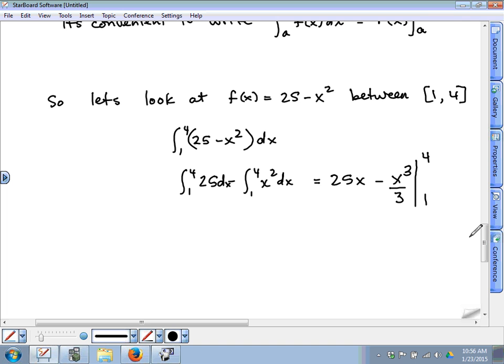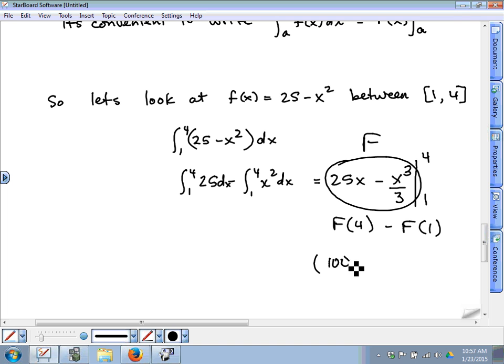You'll remember this, the fundamental theorem of calculus. What we now have to do is figure out capital F of 4 minus capital F of 1. So if you plug in a 4 into capital F, it's going to be 25 times 4, which is 100, minus 4 cubed, which is 64 over 3.